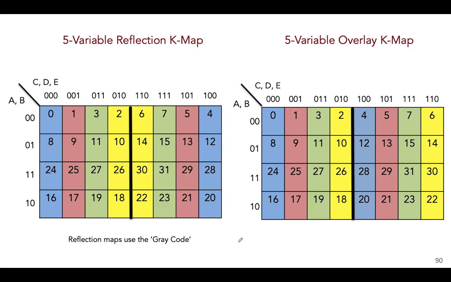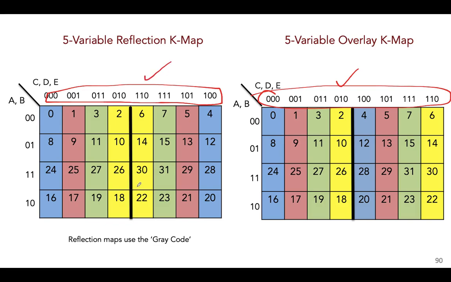The difference lies, first of all, in this numbering. You'll notice the reflection K-map uses the gray code. This is not a gray code though. So this is the first difference. The second difference is the adjacency of the cells.